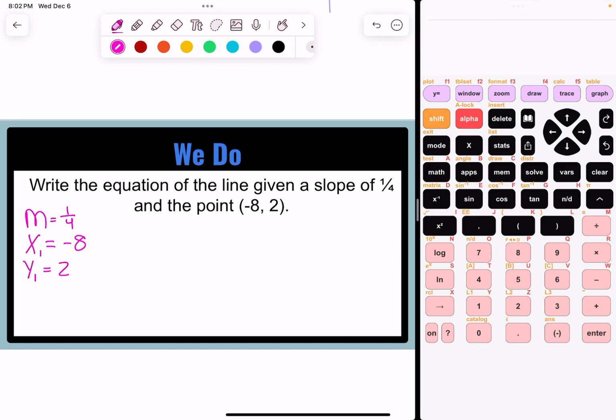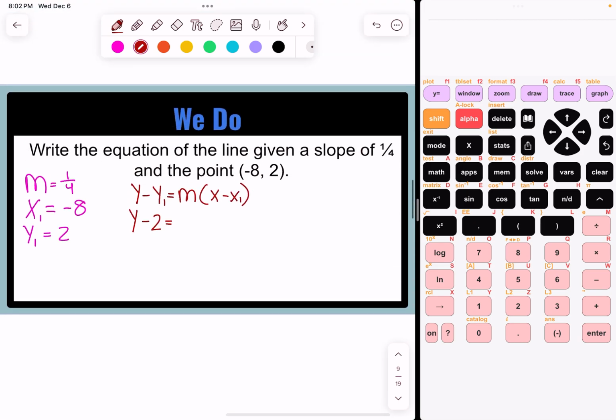Beautiful. Now the equation we are given is y minus y1 equals m parentheses x minus x1. And let's plug in. We don't know what y is, minus our y1 is 2, equals our m is 1 over 4, parentheses, our x is just x, minus our x1 is negative 8.